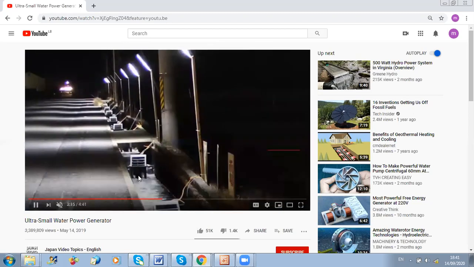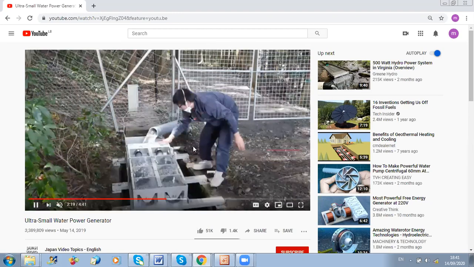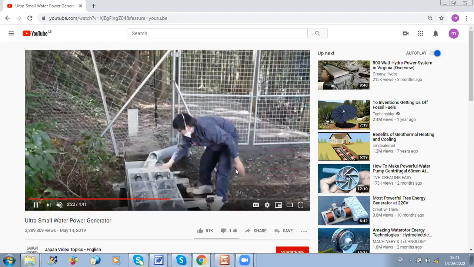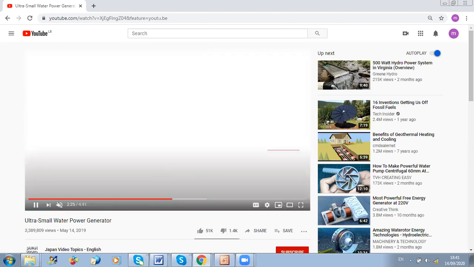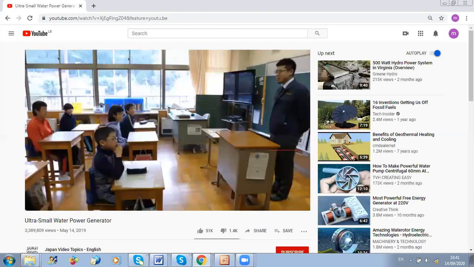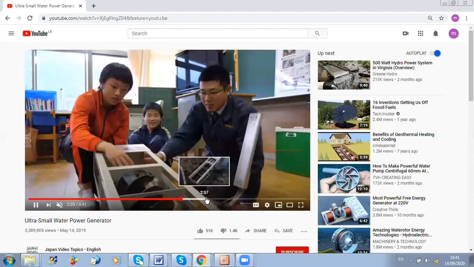So we place the device where we have a flow of water, and then the flow of water will rotate the blades, and the blades are connected to a generator, because you know that rotational motion is transformed in a generator to electrical energy.